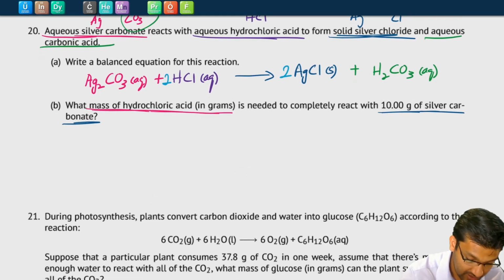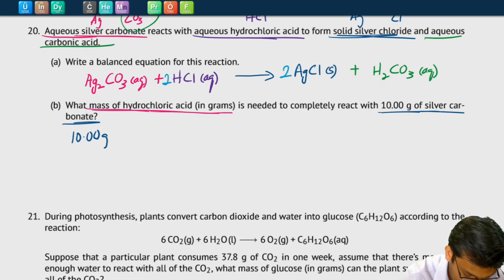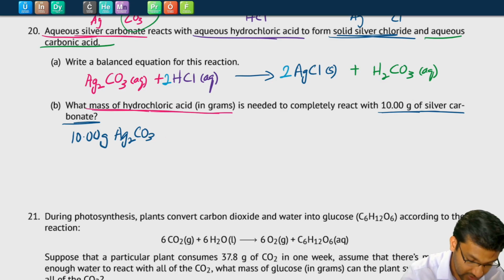The first step is to convert to the number of moles of what we're starting with, which is silver carbonate. So we have 10.00 grams of silver carbonate, and we need to find the number of moles. We find the number of moles by using the molar mass.